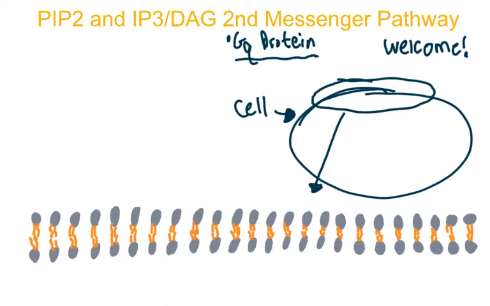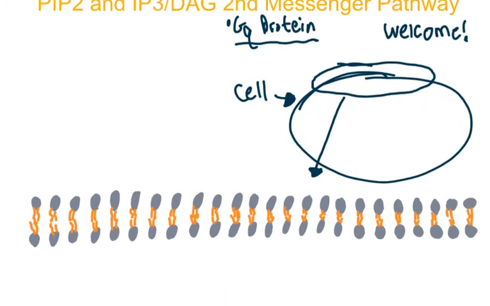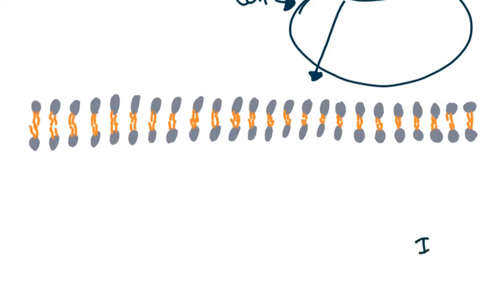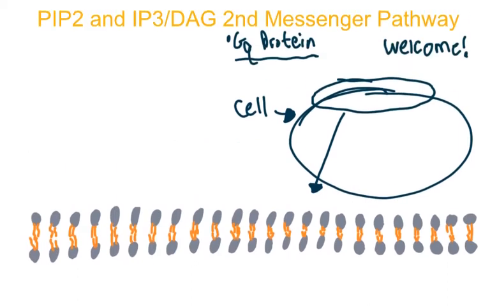If we zoom in on this part, all of this part is going to be the outside of the cell, and all of this part is going to be the inside of the cell. So we write down the same thing: over here we're talking about the inside of the cell, and over here the outside of the cell. This is proportional to the cell, except much bigger.